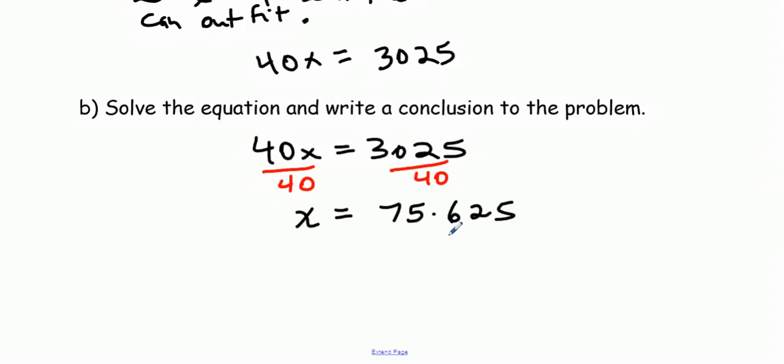If it's 5 or greater, we would round the whole number up. And if it were less than 5, we would just get rid of the decimal and leave the whole number as is. But in this case, we are trying to figure out how many costumes we can buy for $3,025. We don't have any more money. So we can't buy 0.625 of a costume, therefore we must round down.